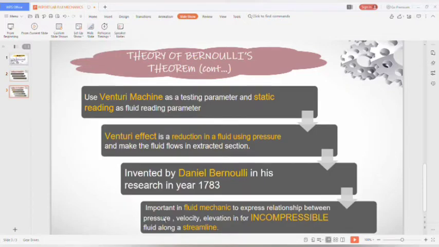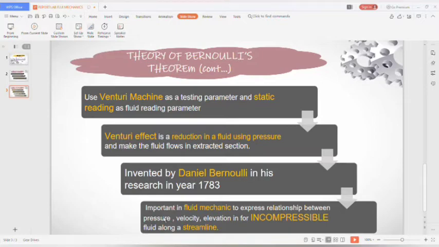To be continued, point number 4: we use the Venturi machine as a testing parameter and static reading as the fluid reading parameter. We use both of these setups, both of the apparatus, to jot down our result after conducting the experiment.